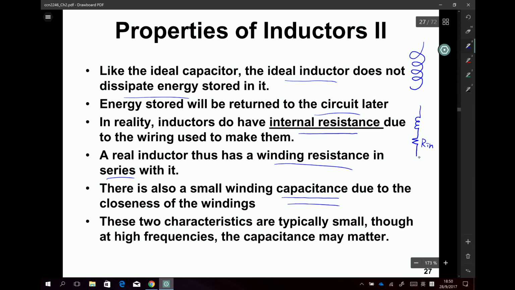Therefore, in the actual model you may add a capacitor in parallel to the inductor, but both the internal resistance and this capacitor are very small, so you may not take care of them in your calculation.